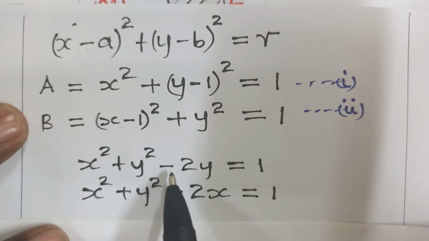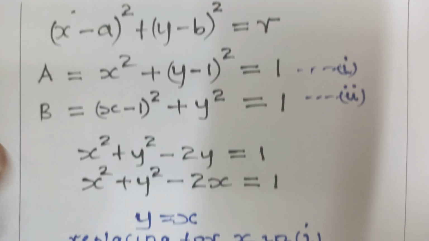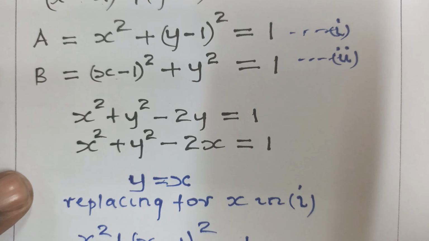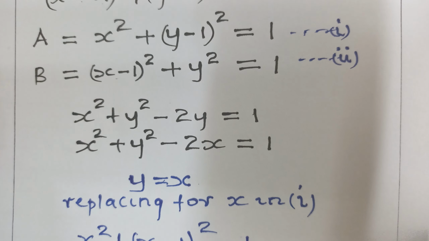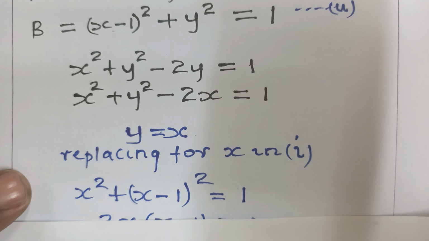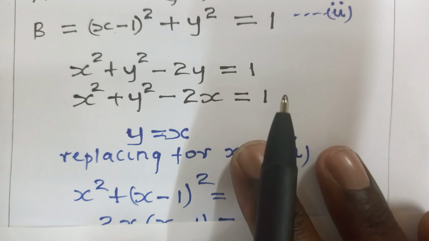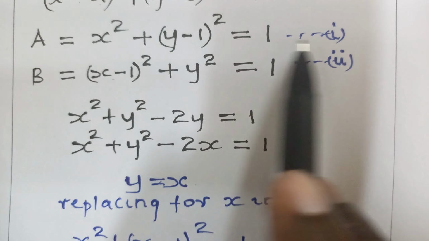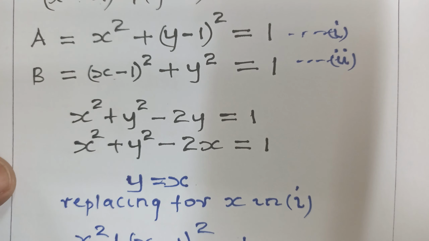Therefore, we can say negative 2y should be equal to negative 2x for the equation to be satisfied. So minus 2y equals minus 2x, and therefore y is equal to x. And now replacing, guys, using the first equation right here, this is the equation we are using. We're replacing y with x. And therefore, guys, we shall have this.